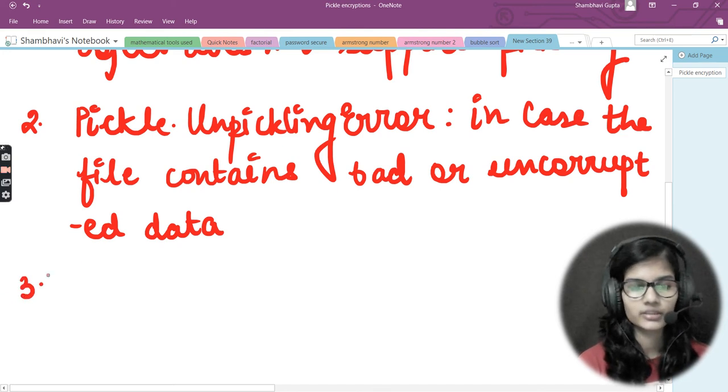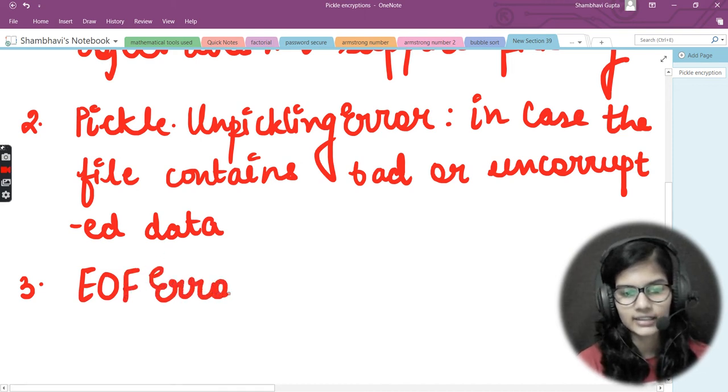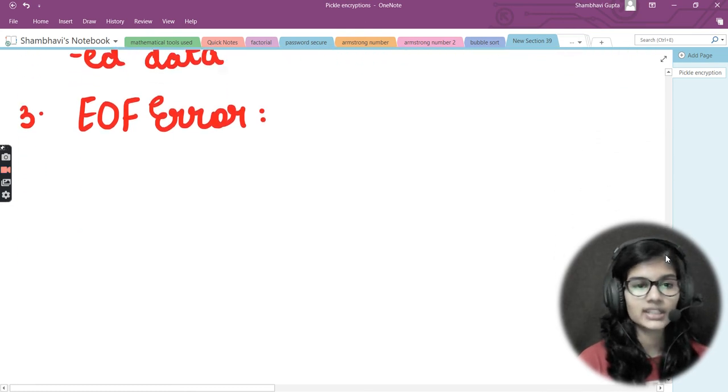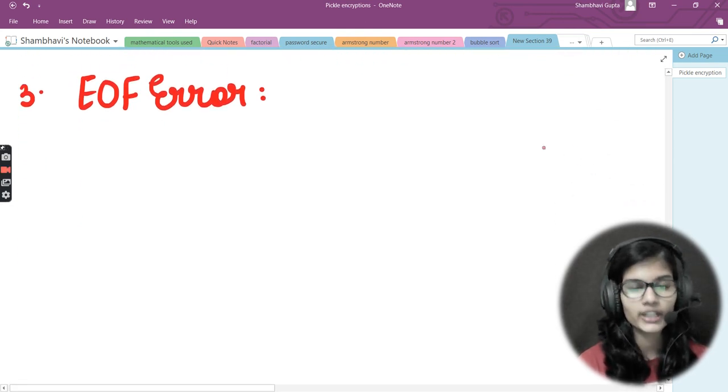Fine. Now moving towards the third one we have, that is EOFError. This is the third exception which occurs. Now what do we mean by this EOFError? The full form of EOF is end of file. In this case the end of file is detected.